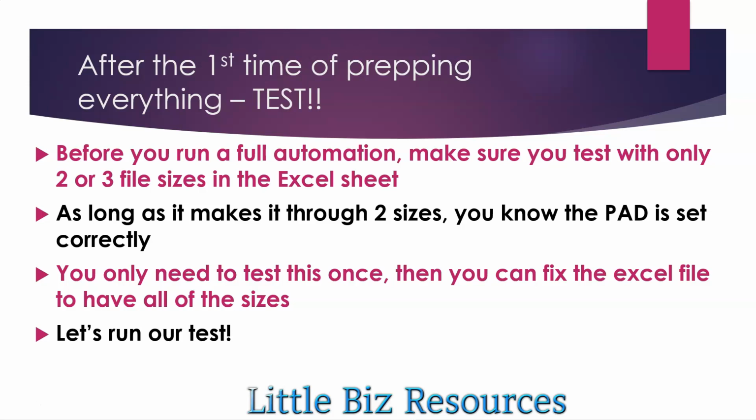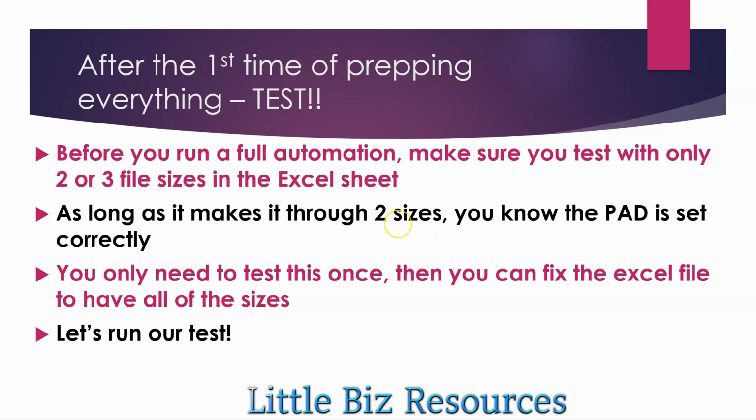But before you run a full automation the first time, you need to make sure you test with only 2 or 3 file sizes in the Excel sheet. Again, they don't have to be real files. You can make them whatever sizes you want because they're going to be test ones. And as long as it makes it through 2 sizes, you know Power Automate Desktop is set correctly. You only need to test this once, then you can fix the Excel file to have all of the sizes. So to emphasize that again, you only need to test this once.